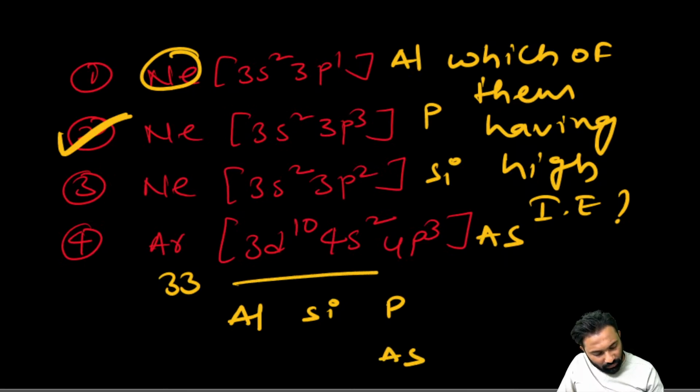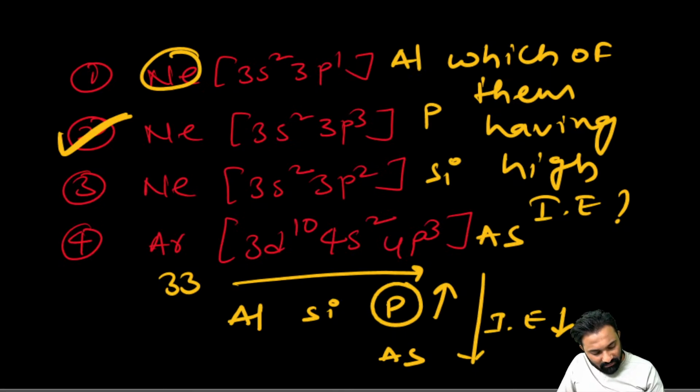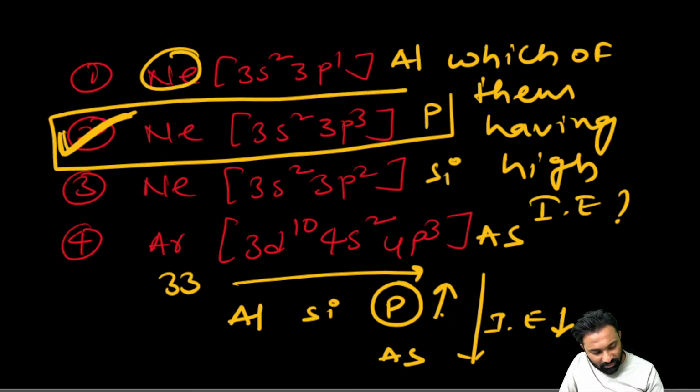Now we know, left to right, ionization energy will increase, and top to bottom ionization energy decreases, so phosphorus is having the higher ionization energy. Phosphorus electronic configuration is option 2. Is it clear? The answer is 2.